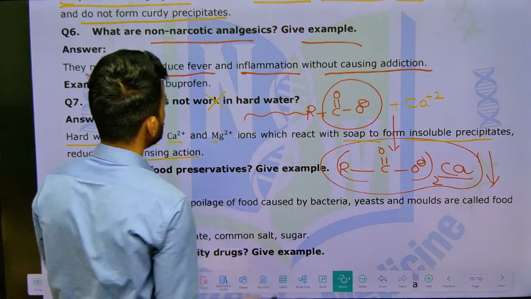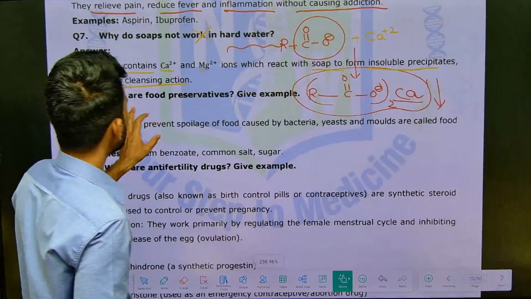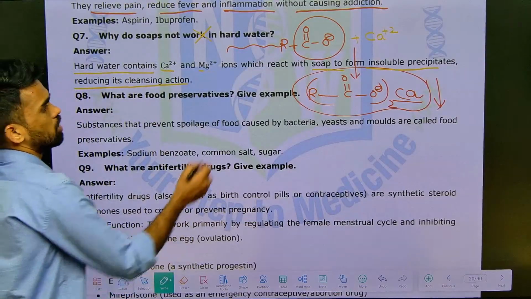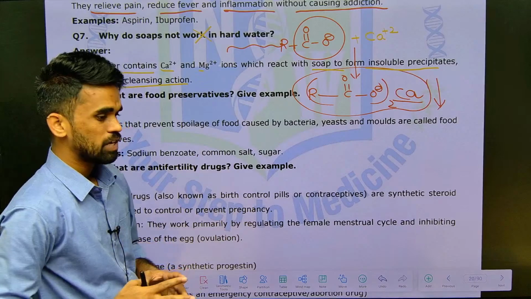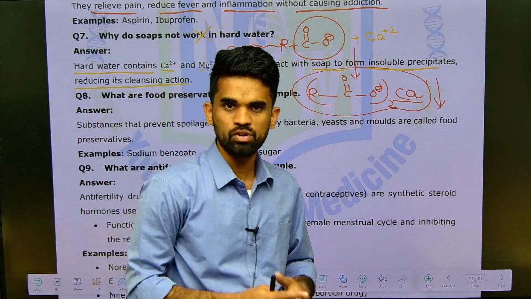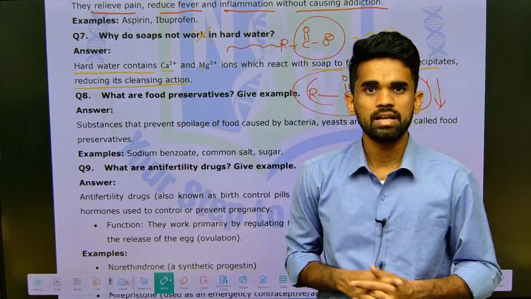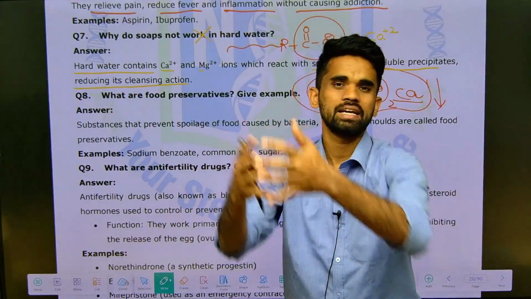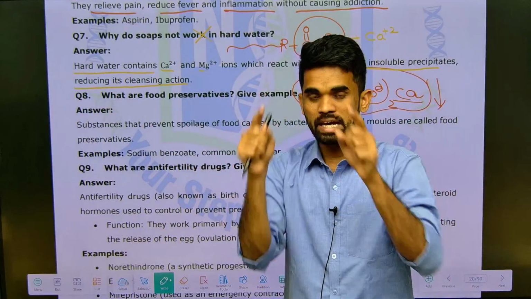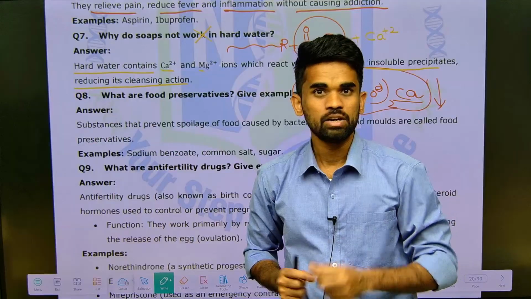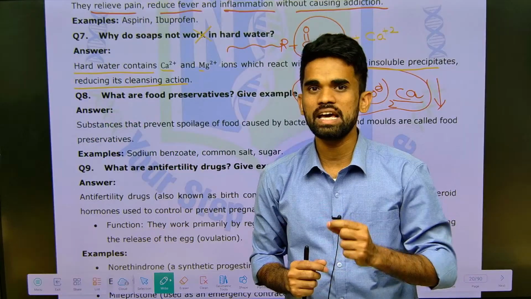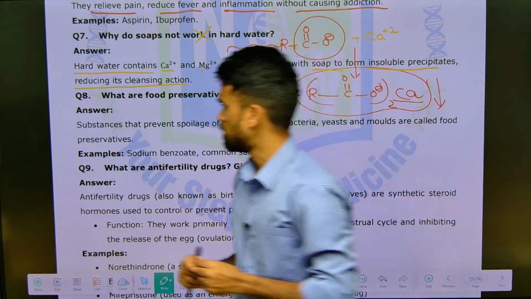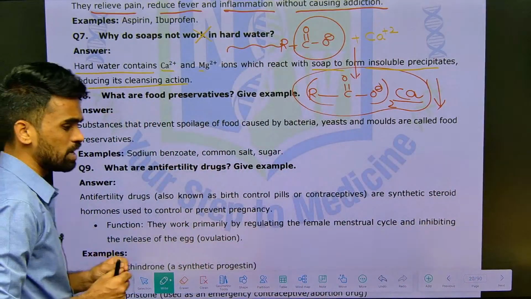Right. The next question: what are food preservatives? Give example. See, for example, if you buy pickles from a market, normal packaged pickles, you will notice a sweet smell in them. It is actually acetic acid, like we are adding vinegar to the food.